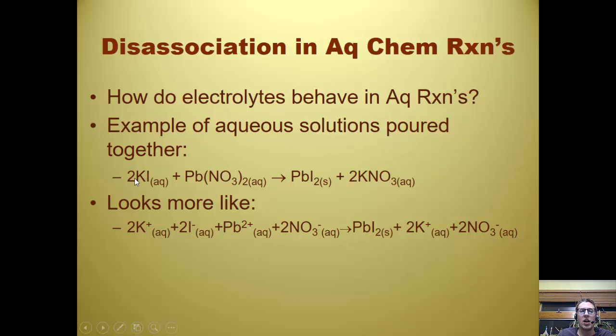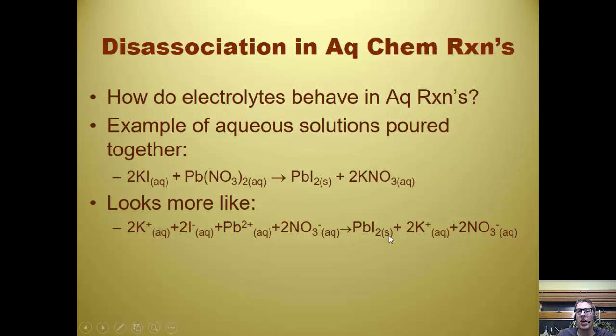So we see, and remember this coefficient needs to be distributed to the whole thing, 2K+ aqueous, 2I- aqueous, we have 1 lead, but we make sure we show the charge of 2+, we have 2 NO3-, that's how they balance out, and that forms PbI2, because this is not soluble, it's not going to break down, it's not a strong electrolyte.